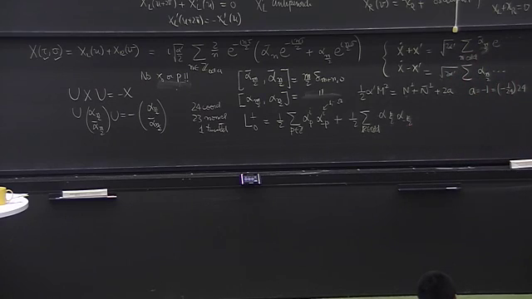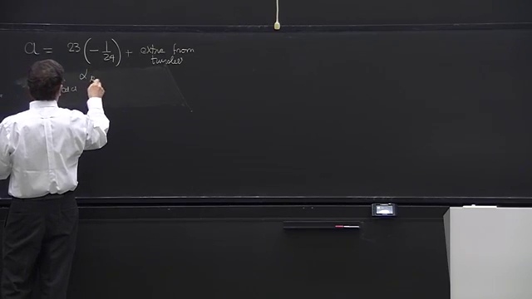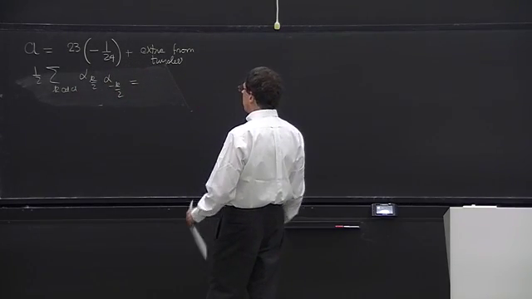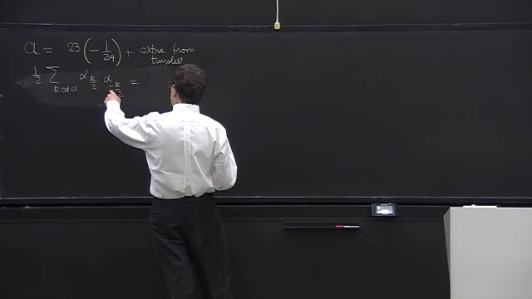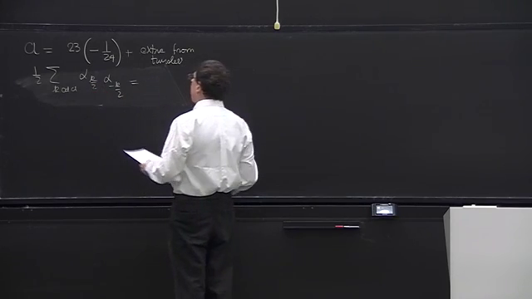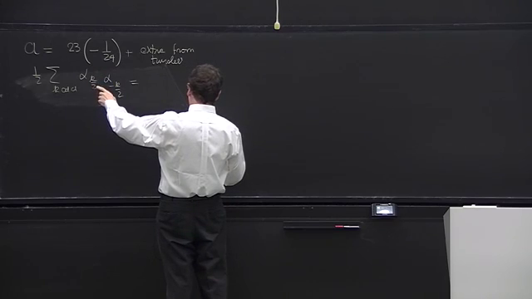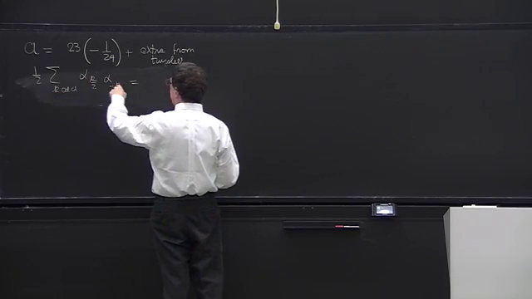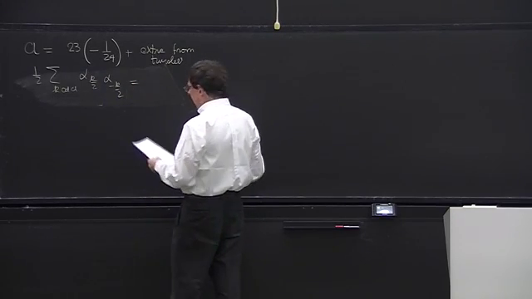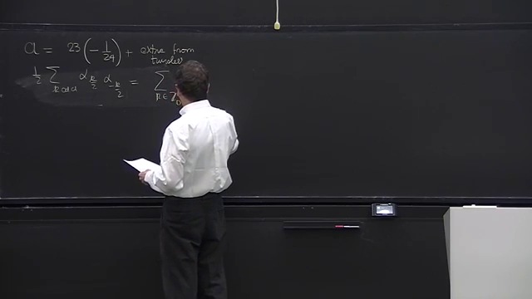So let's look at that term. That term is 1/2 sum over k odd, α_{k/2} α_{-k/2}. Now we can sum over the positive odds. The positive odds would be creation operators, and this would be the annihilation operator. Those are going to be the ones that we have to rearrange. And then we have the negative odds. The negative odds are well ordered because these modes would be positive, so these are destruction and these are creation. So at the end of the day, we get the sum over k belonging to positive odds.